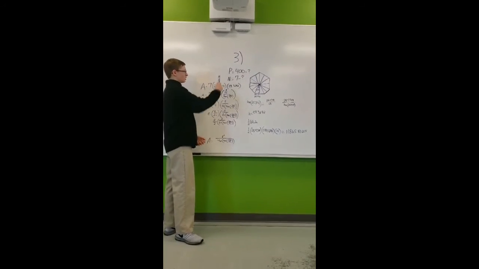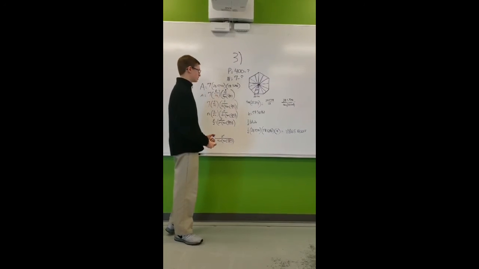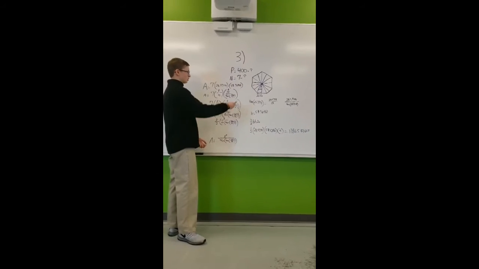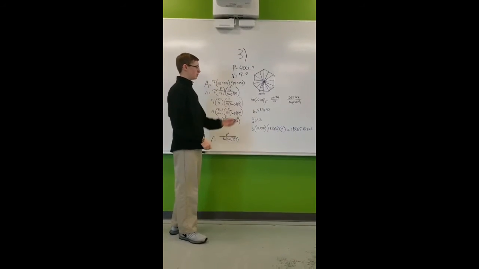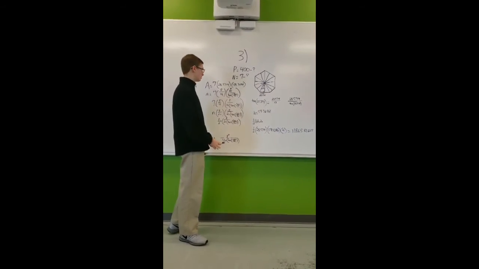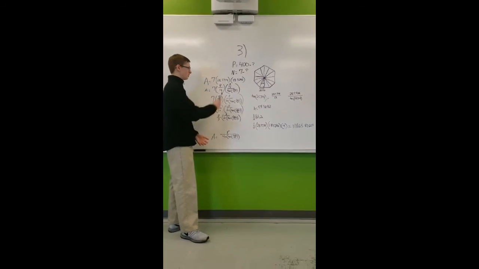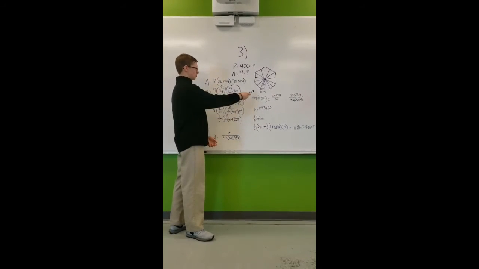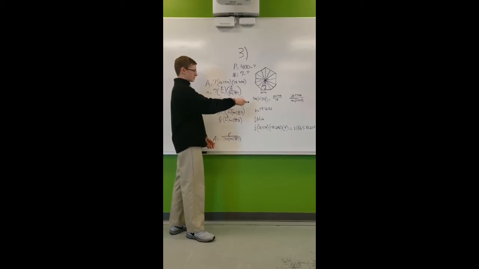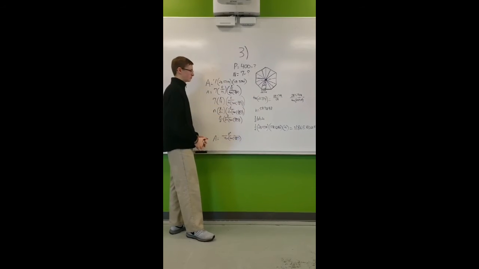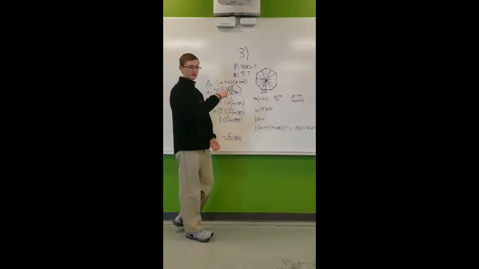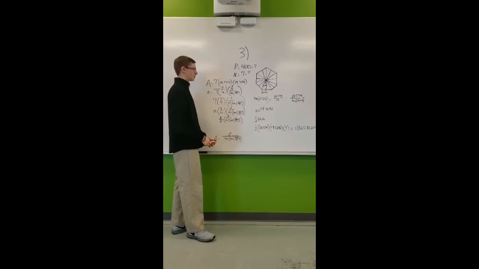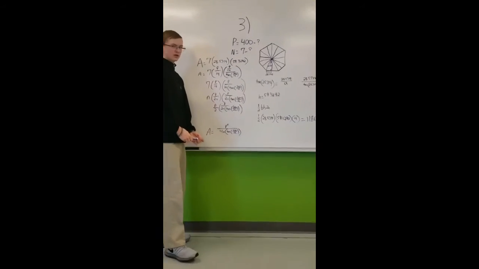So we're going to take away the perimeter now, it was 400, so it's just going to be P. To get the base, we did the perimeter divided by the number of triangles, which was 14, so we had P over 14. And then the height was the base divided by the tan of 360 divided by 14, the number of triangles for that circle angle.